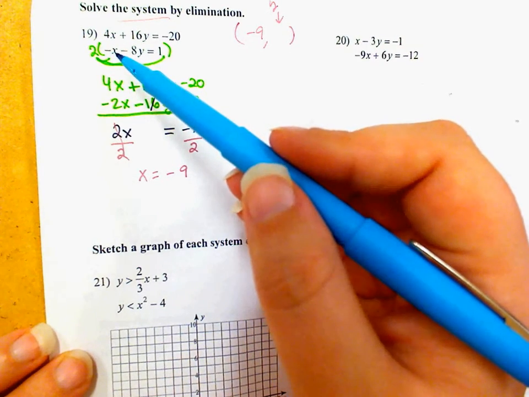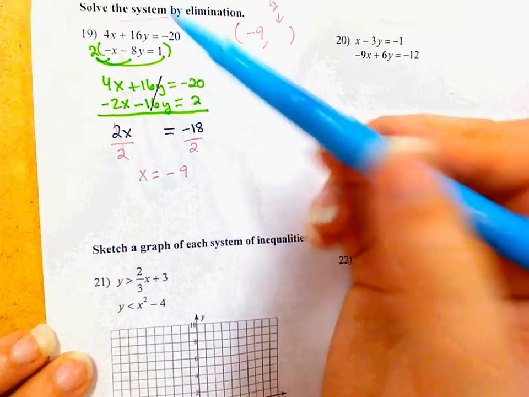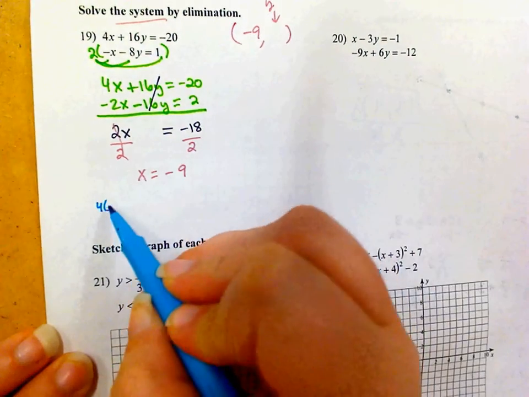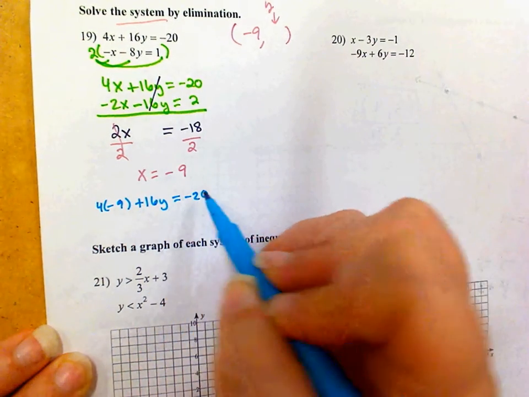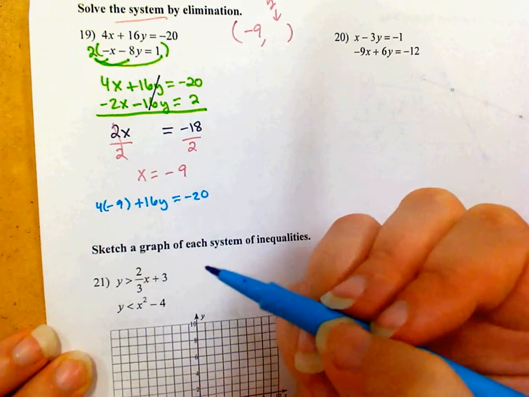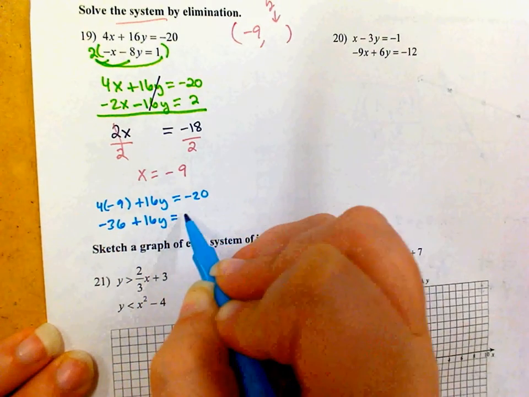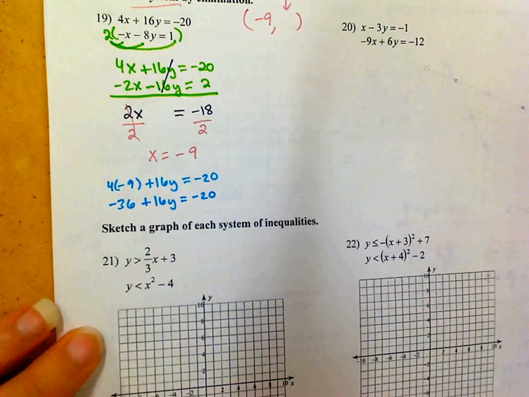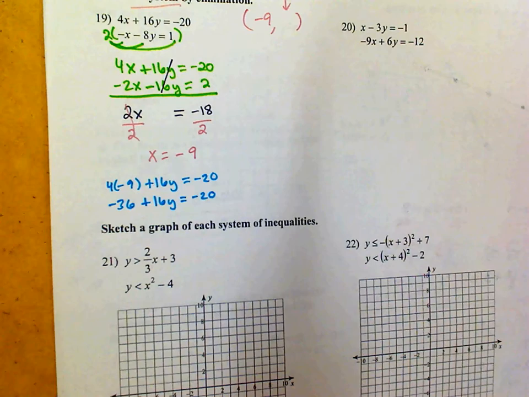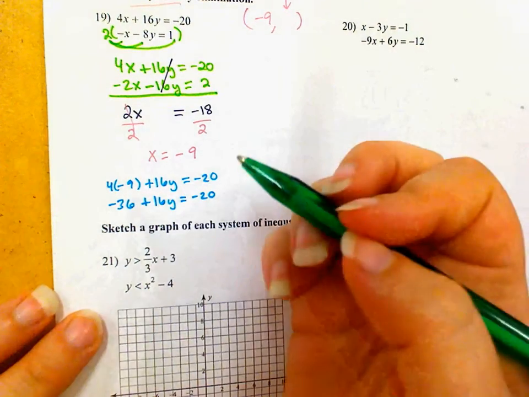4 times negative 9 plus 16y equals a negative 20. Okay, so negative 36. So what I'm doing is plugging in negative 9 into the top equation. Okay, so we are going to solve for y. Once you've simplified 4 times negative 9 to negative 36, you want to solve for y. We're going to add the 36.